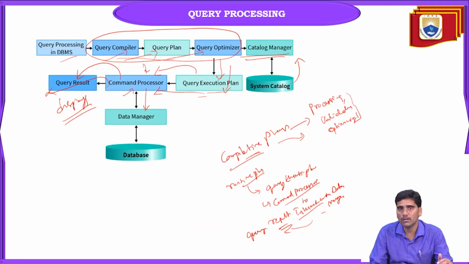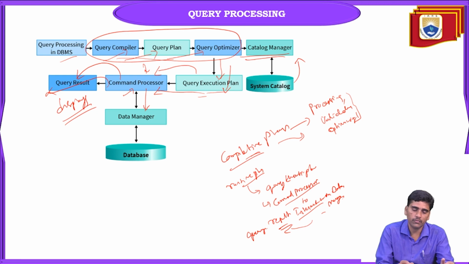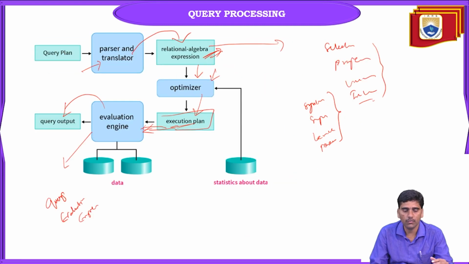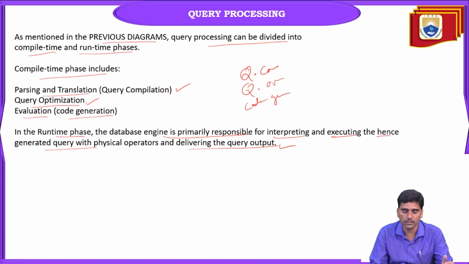Once all the phases are passed with the tests, the query result will be displayed, by the command processor interacting with the data manager. So it parses, gives the result as a relational algebraic expression, is optimized, and then the query is evaluated by the evaluation engine.